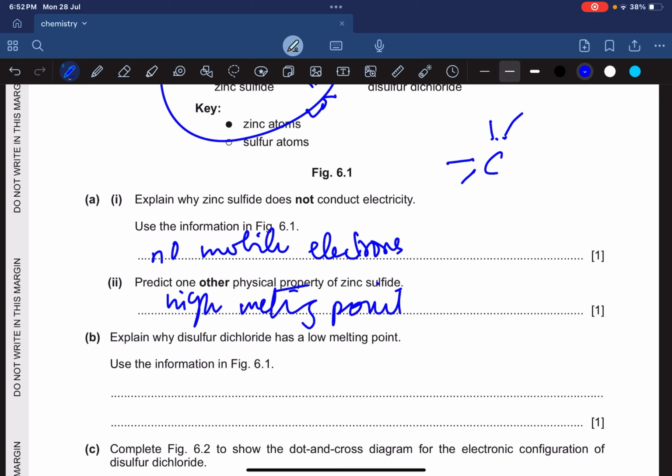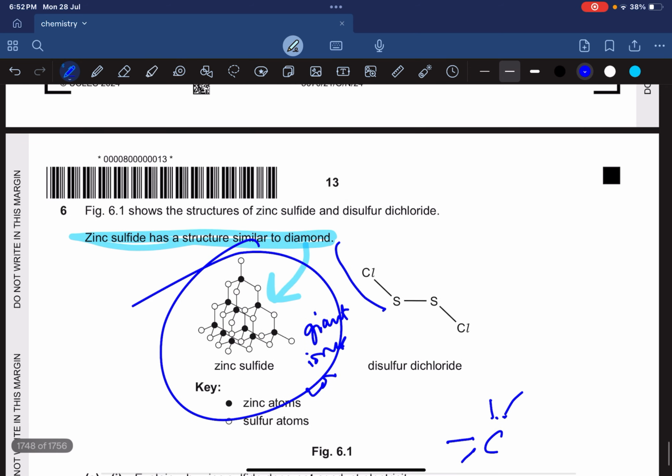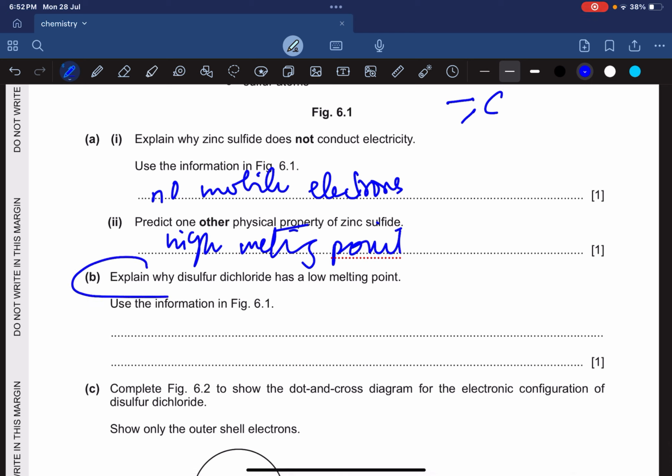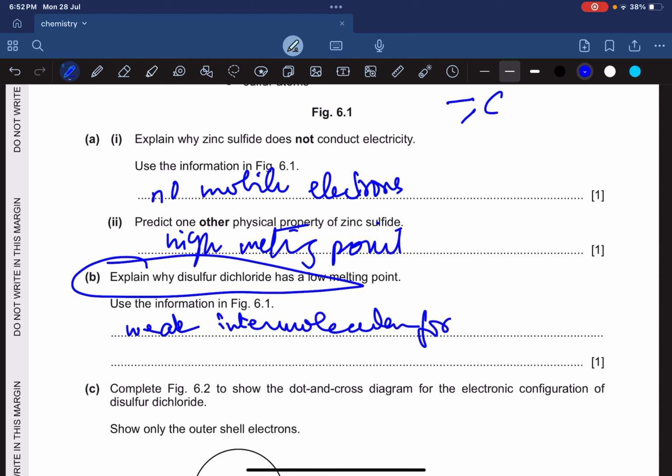Explain why disulfur dichloride has a low melting point. It has a simple molecular structure, but they've not asked us to explain in terms of structure. That is because of the weak intermolecular forces of attraction between the molecules.